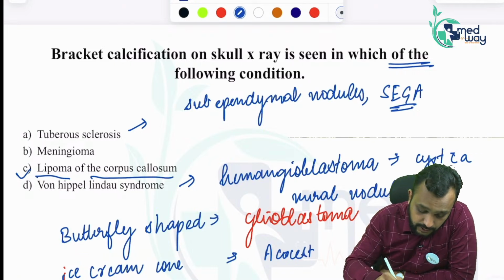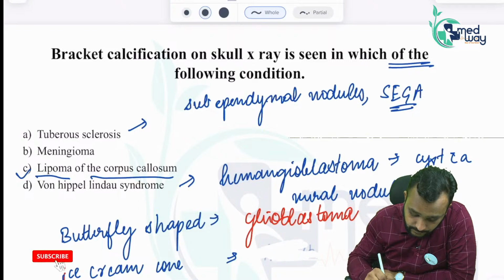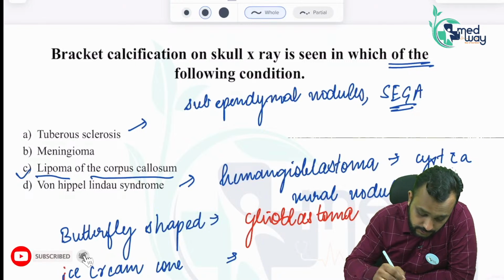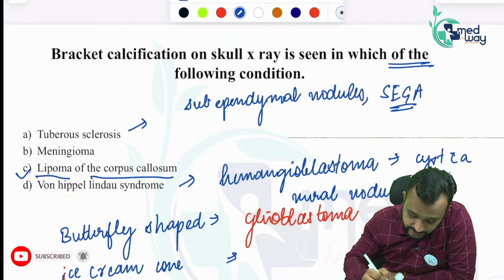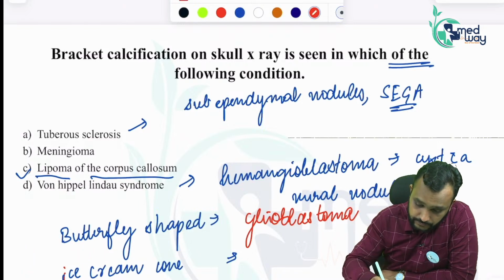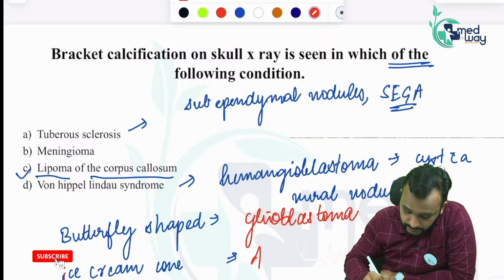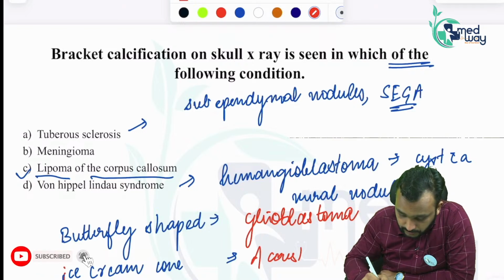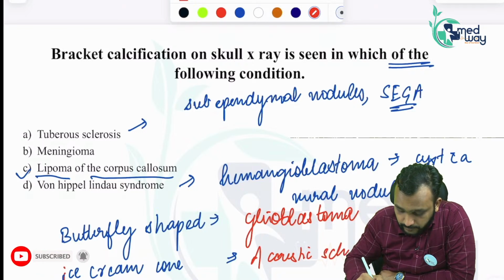Right. So these are important tumors which have characteristic shapes or appearances which you guys should know, right. Acoustic schwannoma.